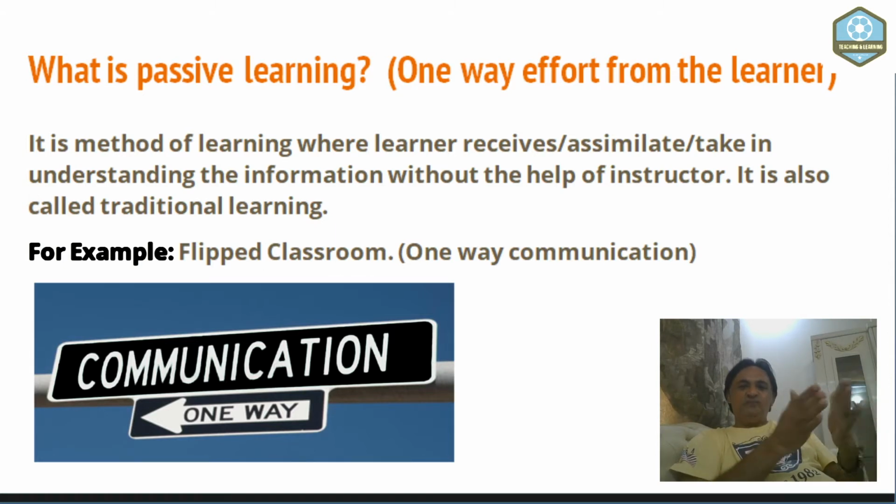But these two patterns are different. Once I say the learner will analyze and create something, that will be active learning. But when the information is available there, that is passive. It's one-way traffic, one-way communication.